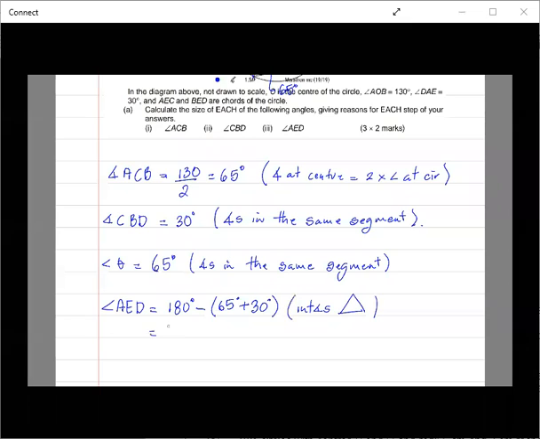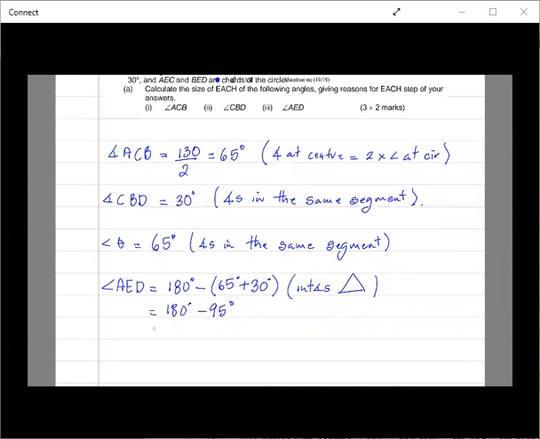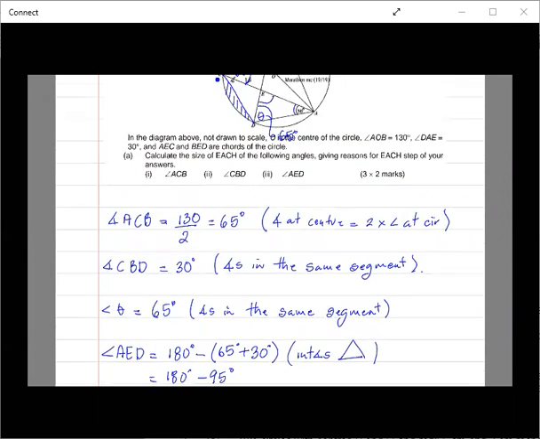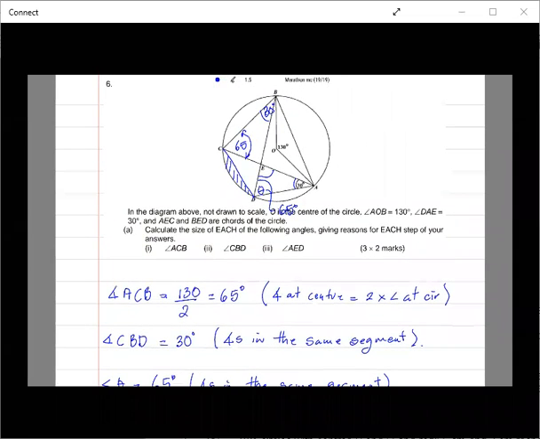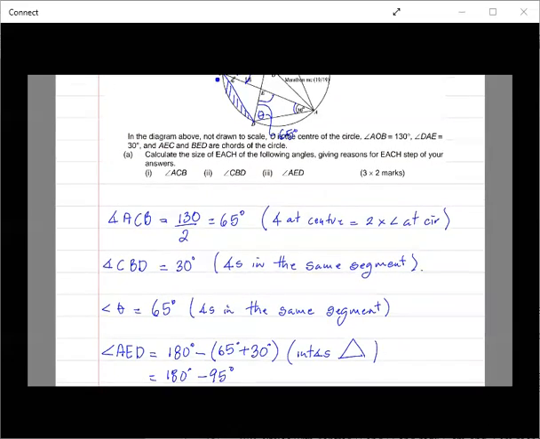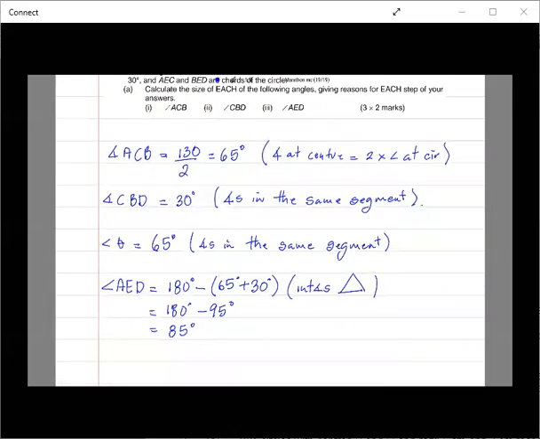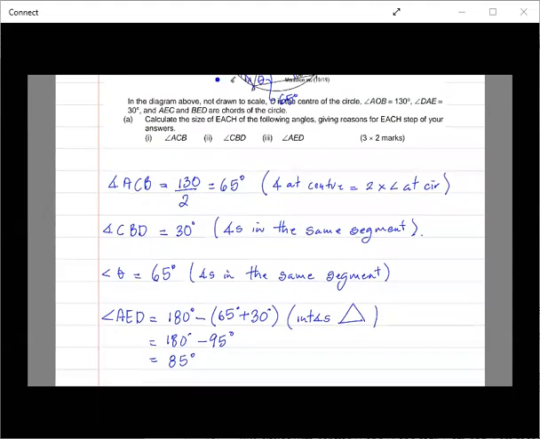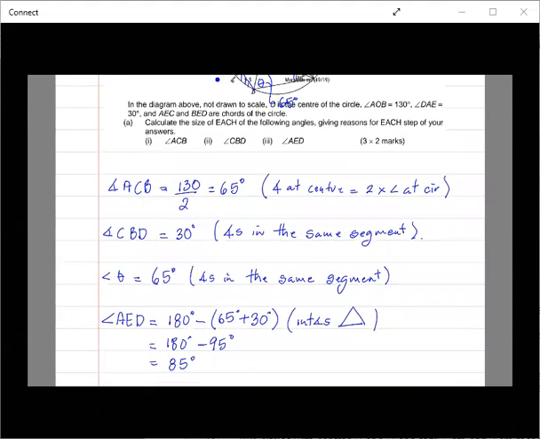So this is 180 minus 95, and angle AED is equal to 85 degrees. All right. So this was the question, and we just found the final answer: angle AED is equal to 85 degrees.